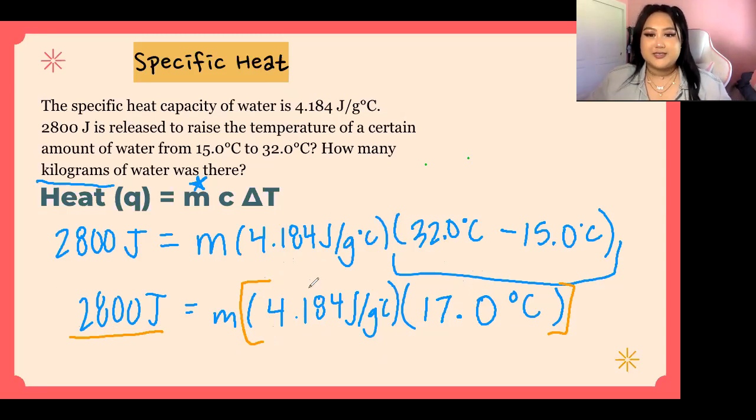What's the product? Okay, 71.128. Okay, so what do we end up with as a mass?